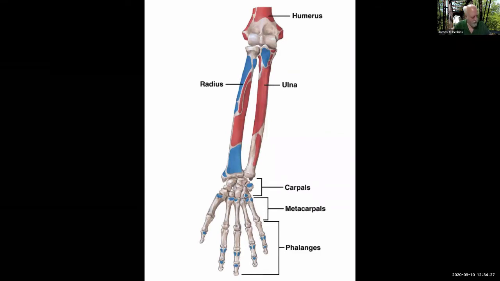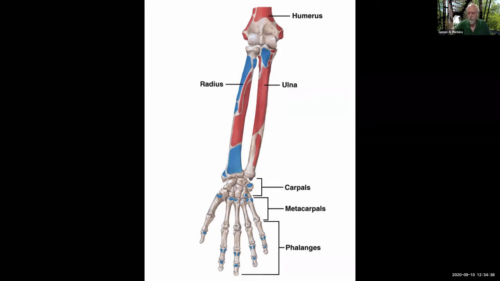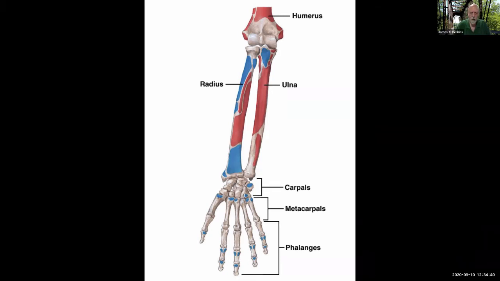Right, so we talked a little bit about the humerus last time, as well as talking very briefly about the proximal end of the radius and ulna. We went over those bony landmarks in the distal part of the humerus and the proximal landmarks of the radius and ulna last time.